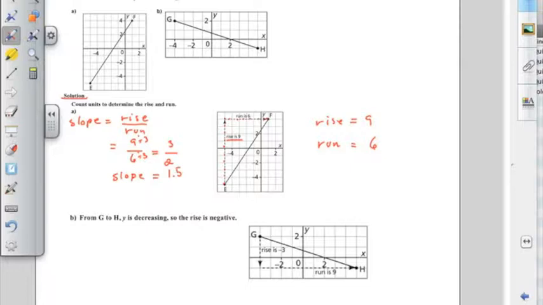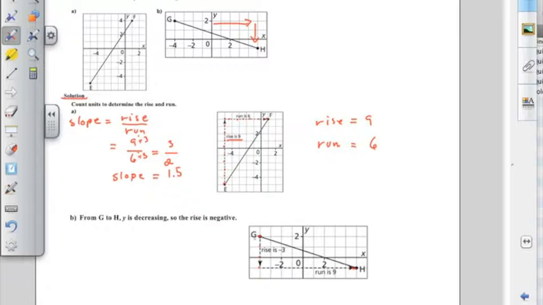So let's look at part B of this example. If you look at that, you notice that the line, as it moves to the right, is going down. Okay? So we know that we're dealing with a negative slope. So I'm going to start here at G, and I'm going to count down 1, 2, 3 units, and that brings me even with H here.